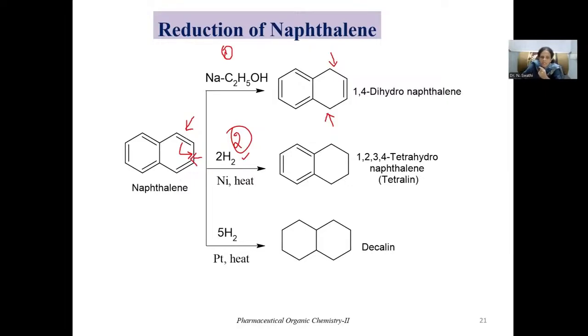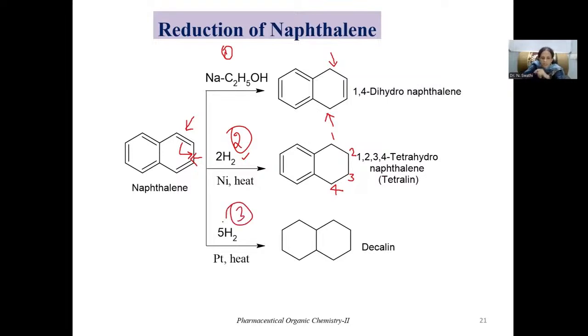For the saturation of 2 double bonds, 2 moles of hydrogen will be consumed, and during this 4 hydrogens will be added at the 1, 2, 3, 4 positions in the naphthalene ring system, and that is how we will finally get 1,2,3,4-tetrahydronaphthalene as the product. This 1,2,3,4-tetrahydronaphthalene is also known as tetralin.